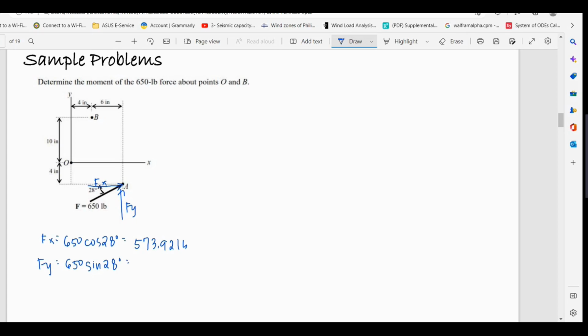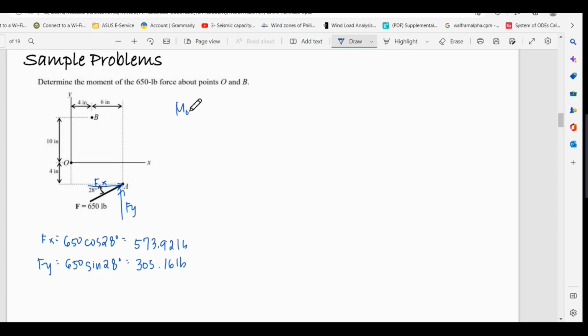So we have 650 sine of 28. Therefore, we have 305.16 pounds. Okay. So, start na tayo to determine the moments at unahin natin yung point O.